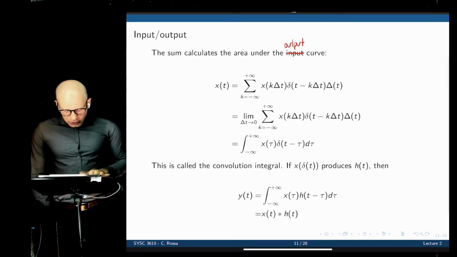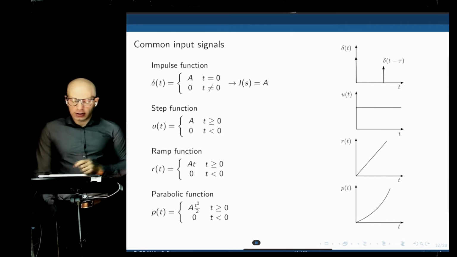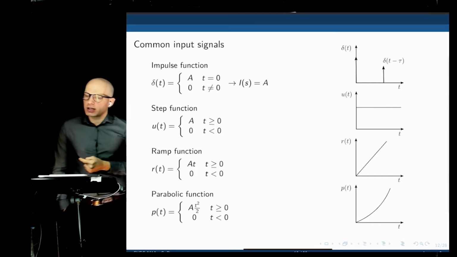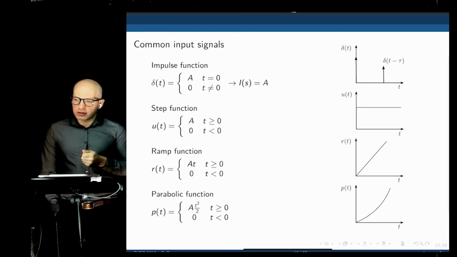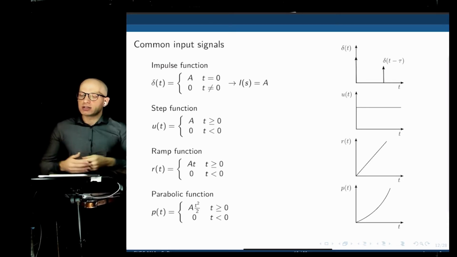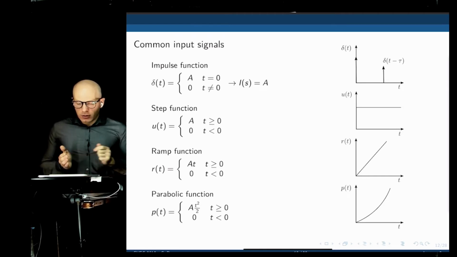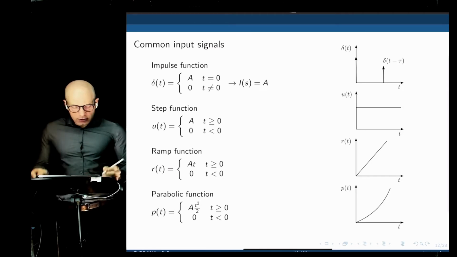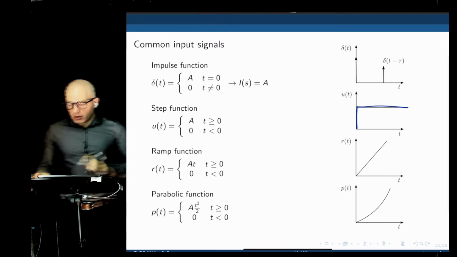Now, don't need to worry about this. I just want to, with this, tell you that there are different types of inputs that we can apply to this system. The first one is the impulse function. So the impulse function is a pulse that we apply to the system, like a hammer striking a bell. We can have a second type of input, which is a step function.